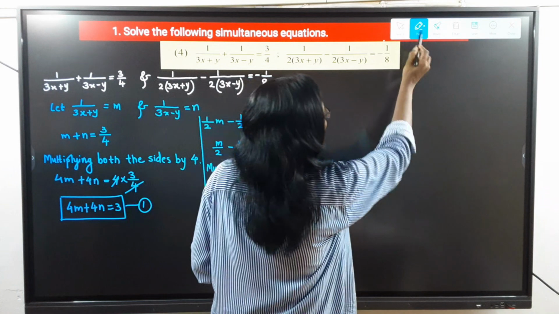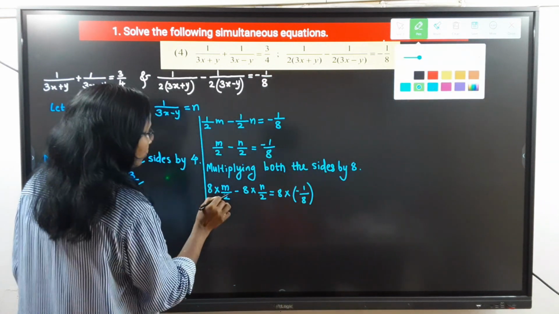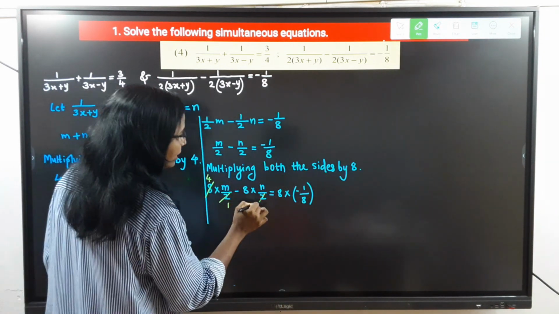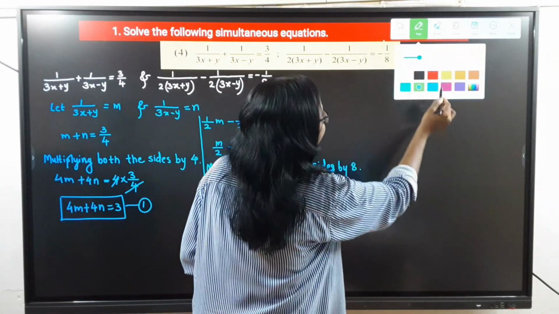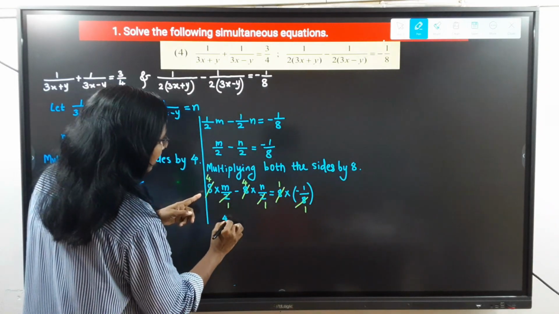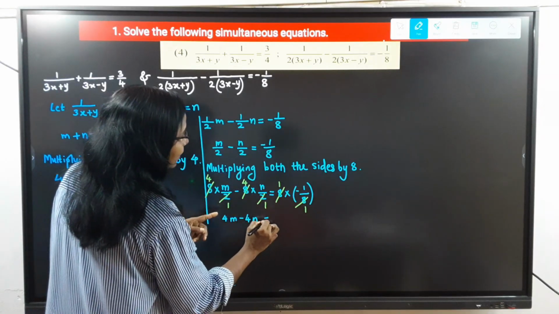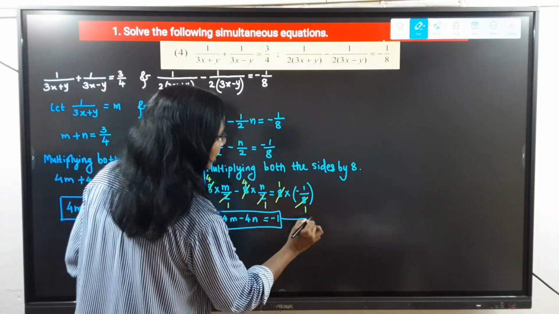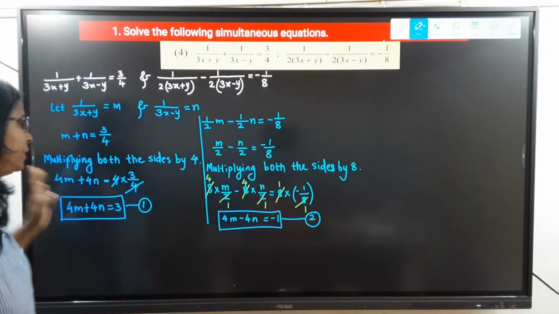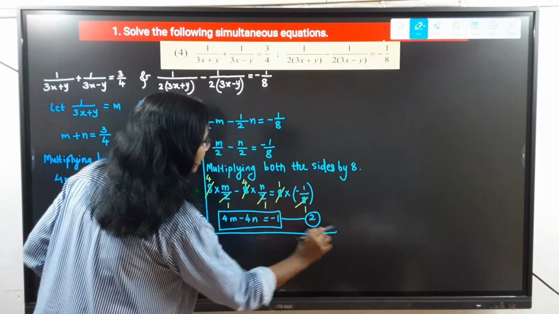Here the cancellation part: 2 ones are 2, 2 fours are 8, and 8 ones are 8. So the equation becomes 4m minus 4n is equal to minus 1. Students, we call it the second equation.